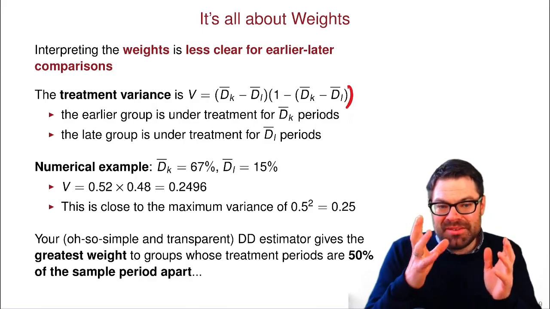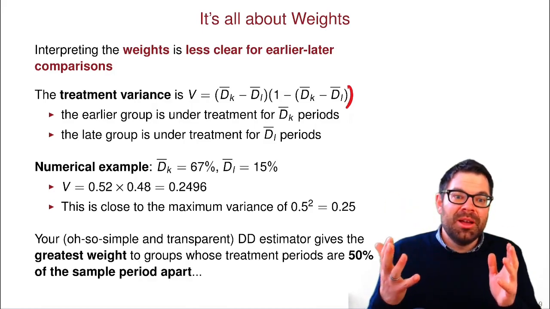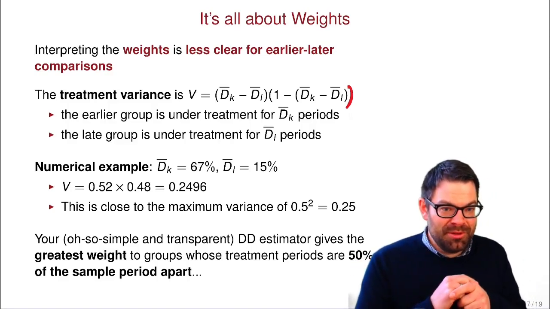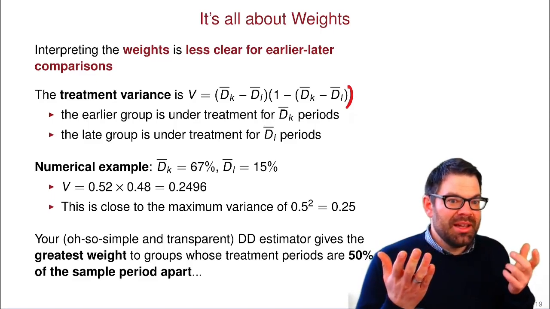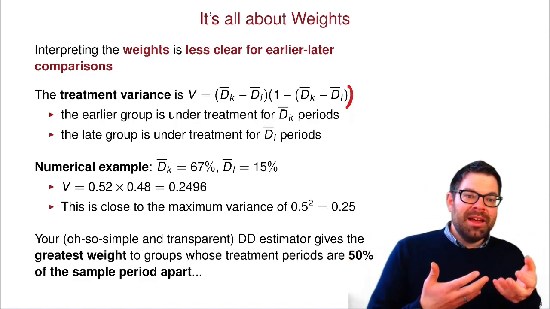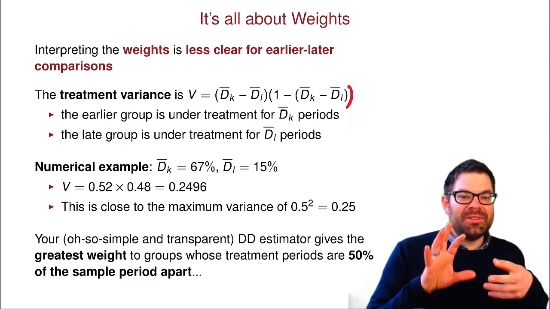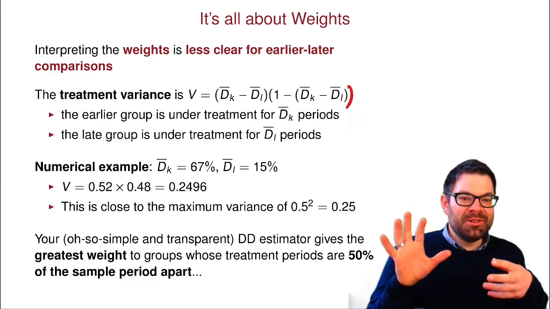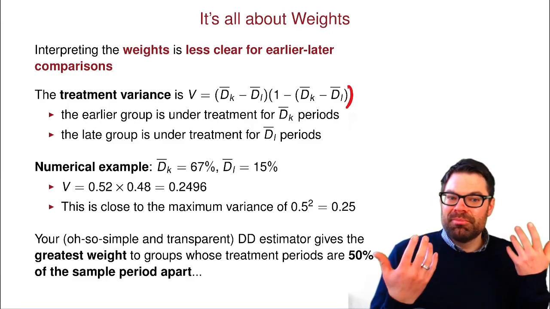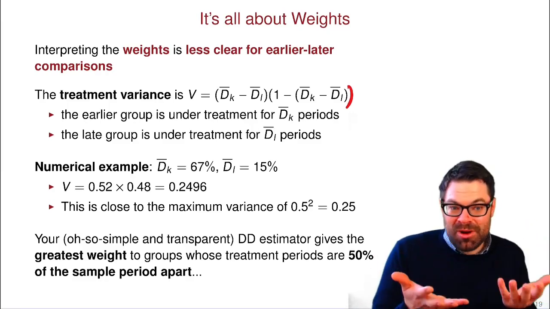That's purely based on the construction of the estimator, and that's something we have to live with. So it's very hard to think about how an estimator based on this weird weighted average should allow us to recover any policy relevant parameter.